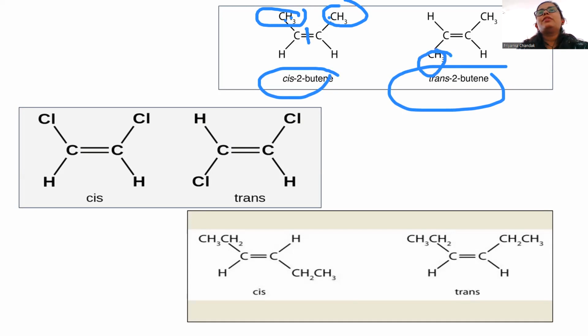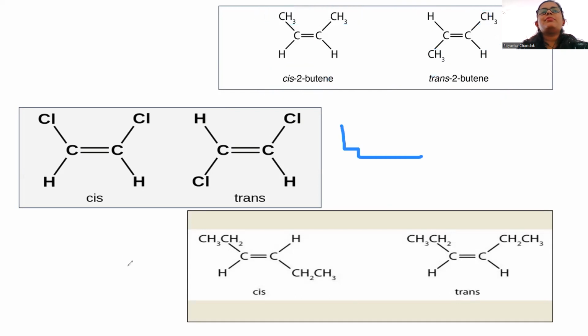These methyl groups are on the opposite side of the double bond, or you can say the hydrogens also. So that's why cis and trans. Likewise, this is the second example, this is the third example. I have given three to four examples, so you can write at least two examples in the exam. If they ask you the nomenclature of cis and trans isomers, then you have to write all those examples.